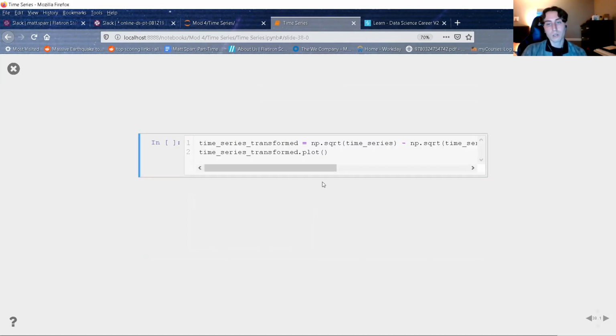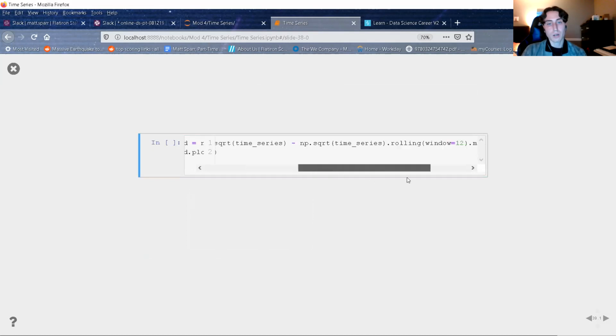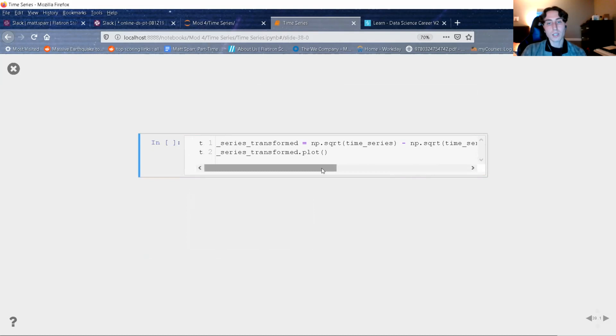So something else you can actually do is subtract the rolling mean. In this case, we have our square root transformed series, and we're subtracting the rolling mean for each year from that series. This is basically another form of differencing, except you're subtracting a mean instead of just a previous value.